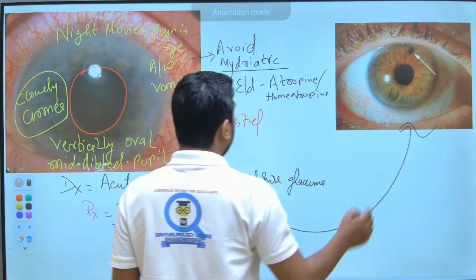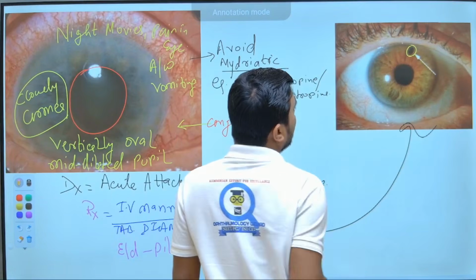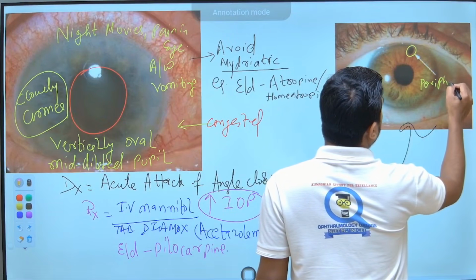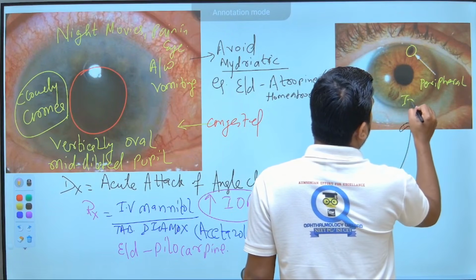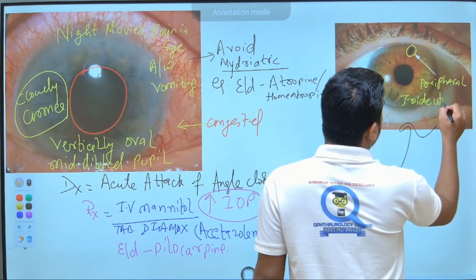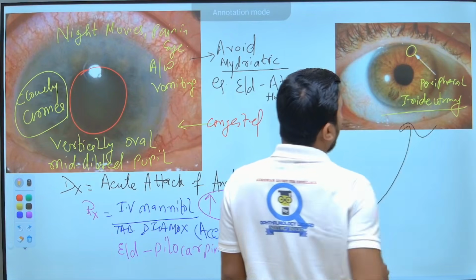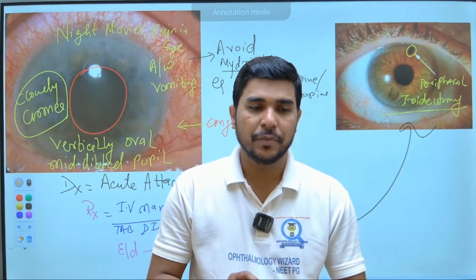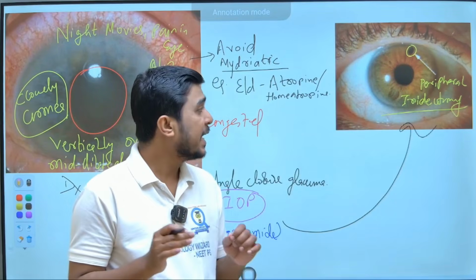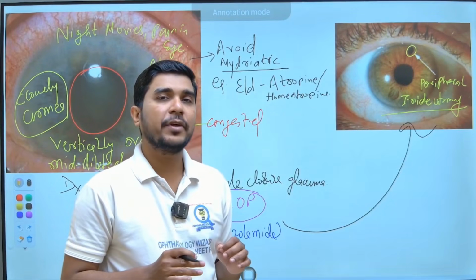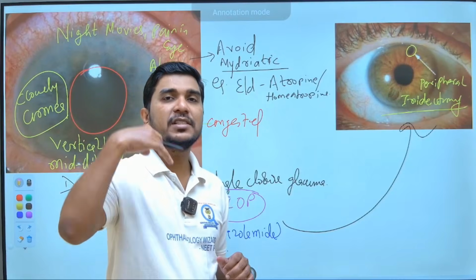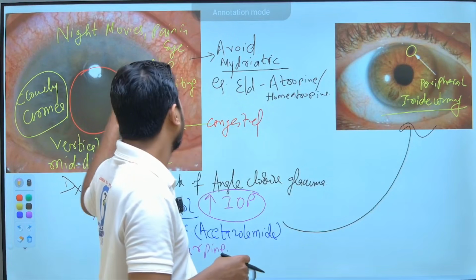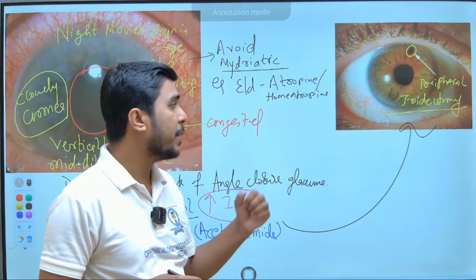What is this? You can see here, this is peripheral iridectomy. In all those conditions where there is an acute attack of angle closure, you have to give the treatment of peripheral iridectomy. It prevents a future attack of angle closure in the same patient.